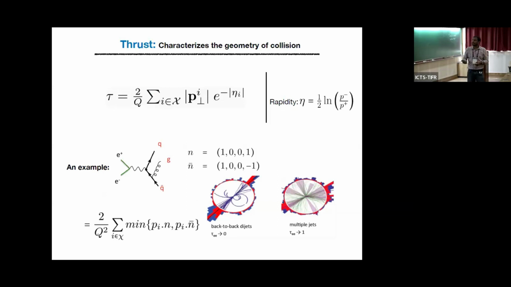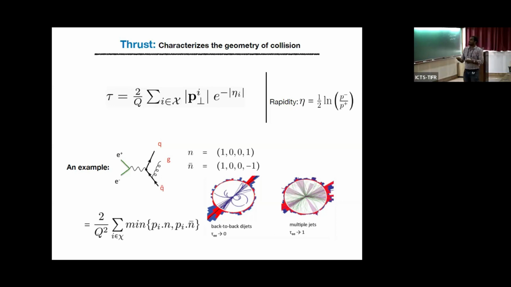For example, in the case of electron-positron going to q q-bar and g, if we consider one of the particles as my thrust axis, then we can redefine this definition for this process by having the projection of the ith particle's momentum towards the thrust direction. And the definition looks like this.